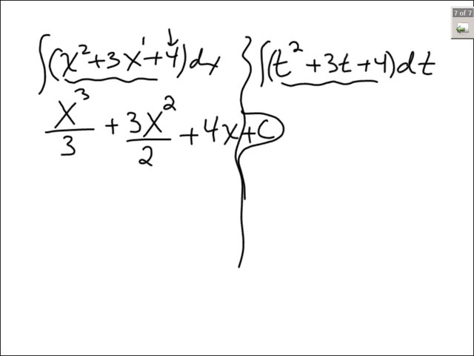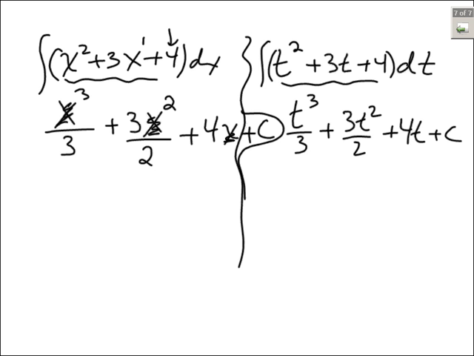On the right side, you're going to get the same answer, except the variable is going to be t. It should look exactly the same, except instead of x, put t. And that's exactly what we should have here.